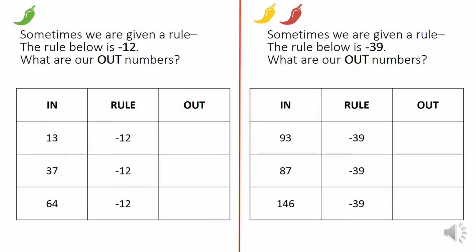Now try this one. The rule is take away 12 or take away 39. Take a pause in the video and have a go. Here are the answers. Again, take a pause so you can work out if you got them correct.